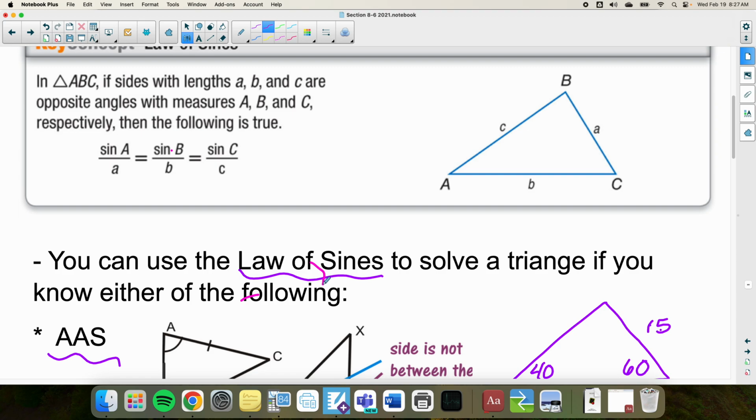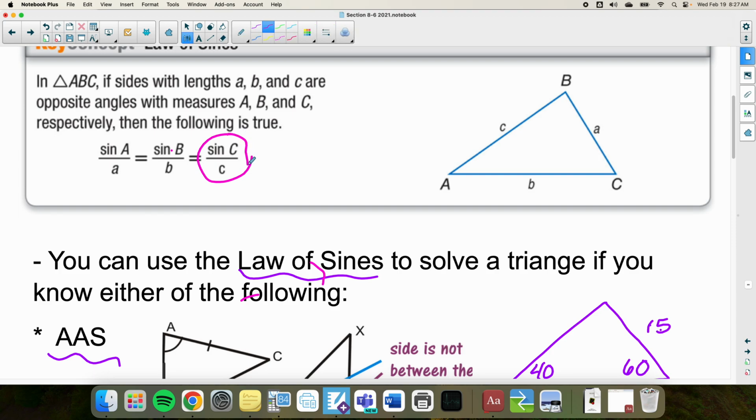And each time you're gonna use 2 of these ratios or fractions. You don't ever use all 3. So in this problem, because we know sine of C and little c, we're using that one. And then for sine of A over A or sine of B over B, the one that we use is the one that we're looking for, okay? And again, the order we do that in does not matter.